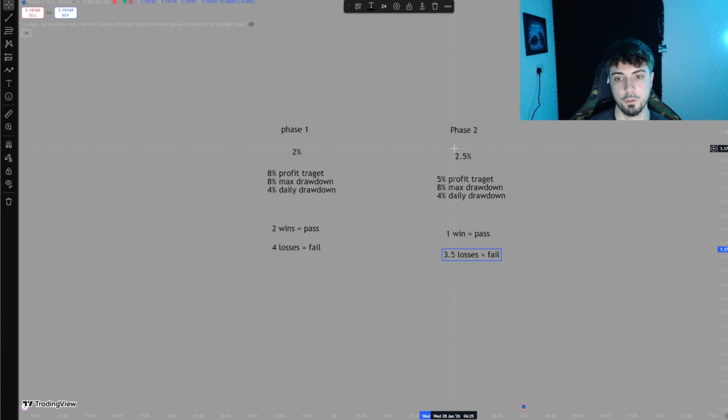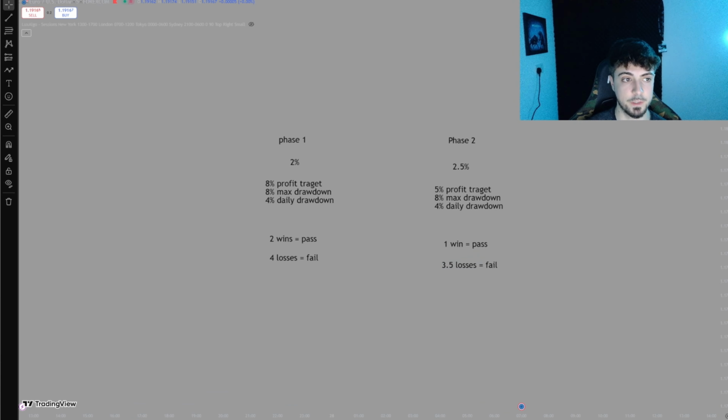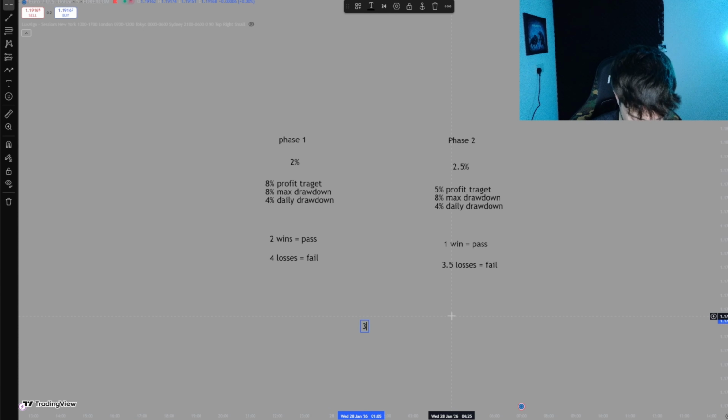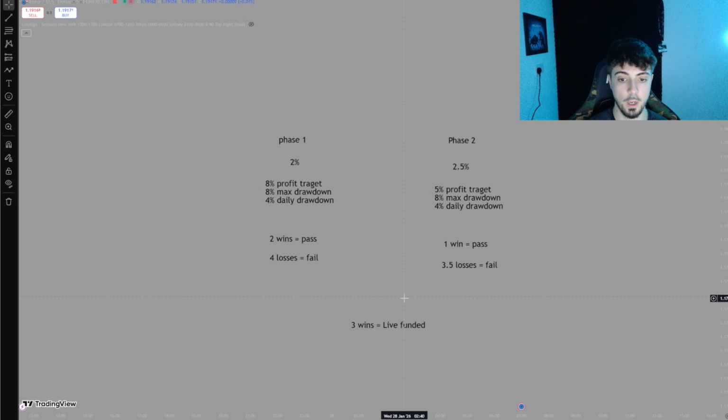So you lose 3 trades, you'll be in 7.5% drawdown. Obviously max is 8%. So that is exactly what I do. And then 3 wins equals live funded. Okay, and only 4% of traders actually reach the live funded stage. So this is harder than it looks, but this is exactly what I would do.